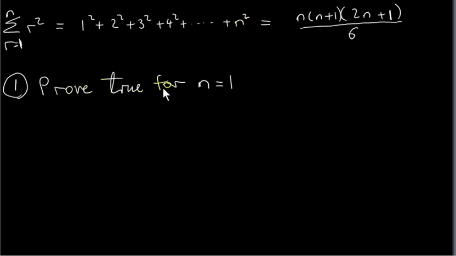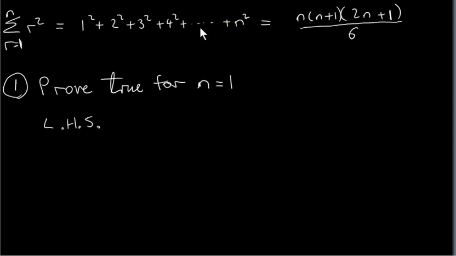The first step in proof by induction, as you saw in the previous video, is to prove that our statement is true for the smallest value of n that is relevant to this, and that value is 1. So let's look at the left hand side when n equals 1. When n equals 1, we're getting the sum of the first one term of this series.